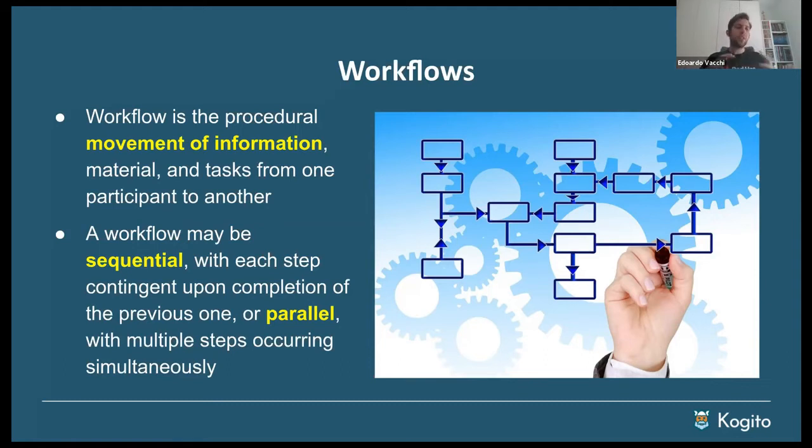So businesses are all about processes. When you start to do something like booking a flight or hiring a new employee, all of these different processes can be described as a flow of information, and that's why we use particular pieces of software that we call workflows to describe these flows.